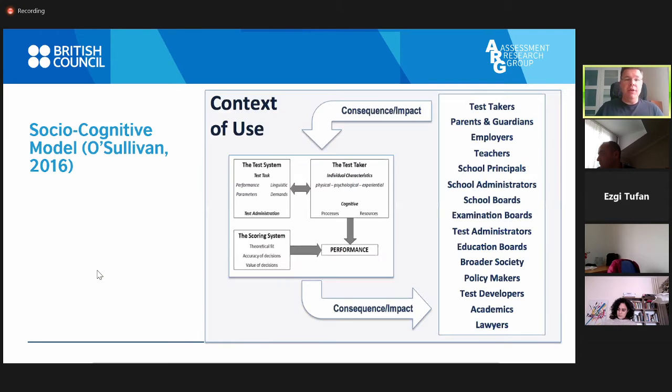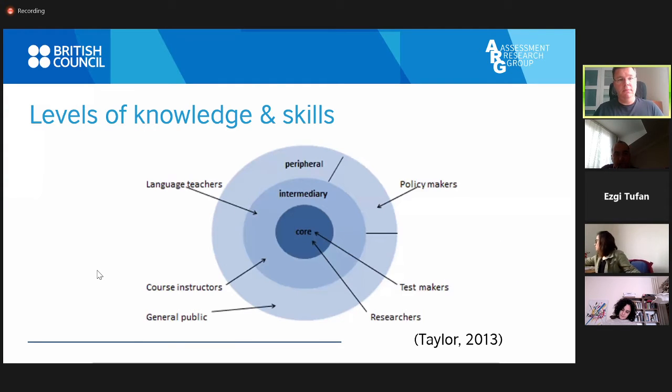So bringing the teacher into this, well, this is the diagram I showed you before. And of course, this fits very closely with teachers. Teachers are a central part of the assessment system, as we've shown. This is a way of representing the levels of knowledge and skills which are needed by different people, which was shown by Linda Taylor.